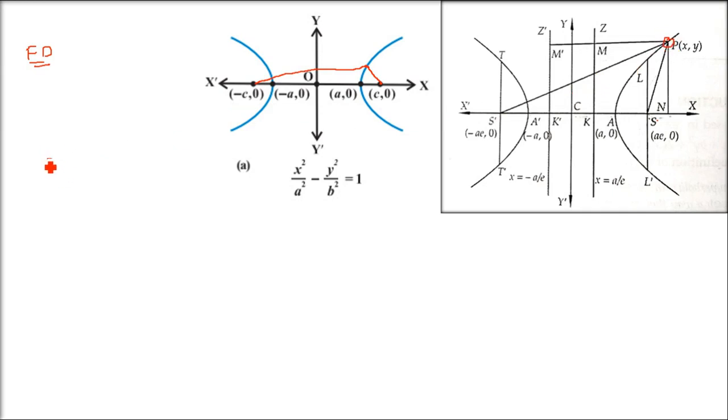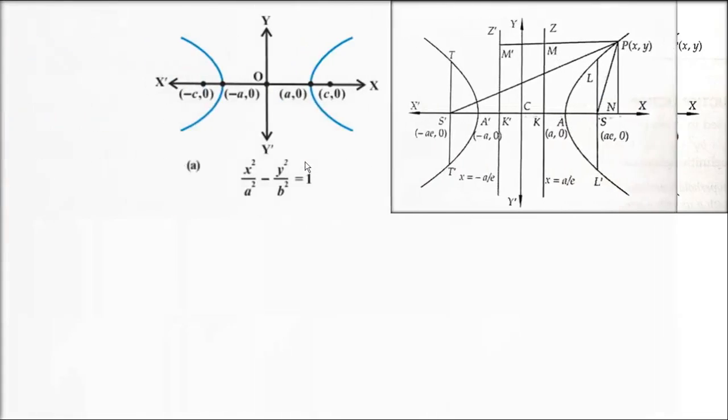Say you have S dash P, assume it to be D1, and the distance SP is D2. So D1 minus D2, and I told you earlier, if you followed me, that the difference of distance of this point from the two foci will always be a constant, and that is the definition of a hyperbola, and that is equal to 2a. This direct expression you are going to use in the question. This is actually equal to the transverse axis.